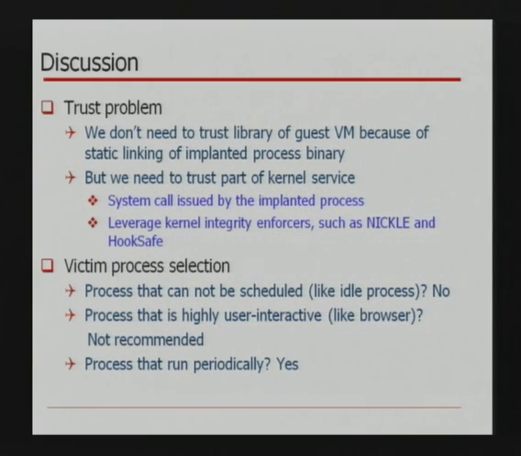If a process is highly user interactive, like the browser, it is not recommended, because the user will feel that there is some stall in the process, and it will be easily detected by the user himself. If the process runs periodically, yes, we will choose this kind of process, like top, vmstat and the nm-applet power manager. It will run periodically, and it always has a chance to be selected.